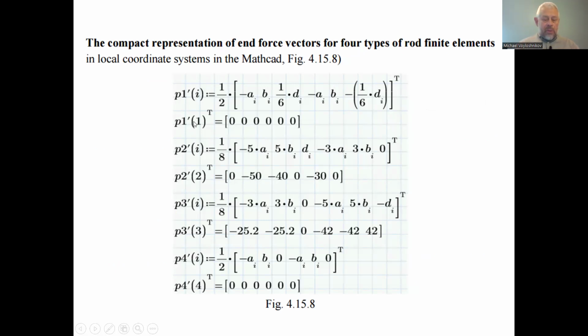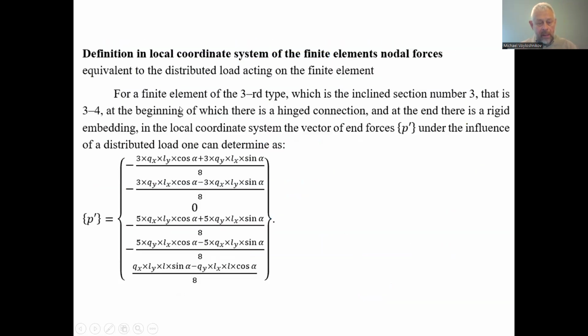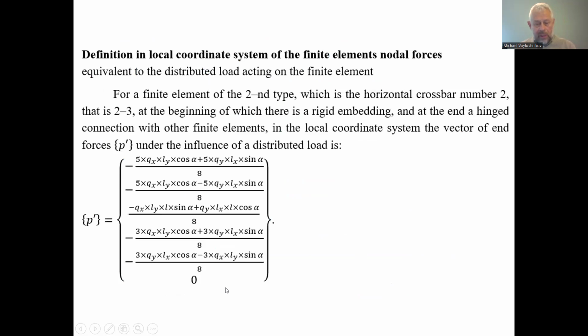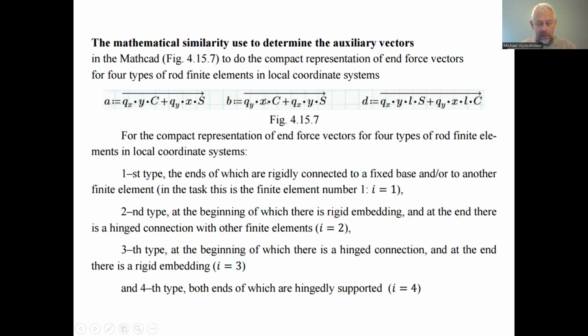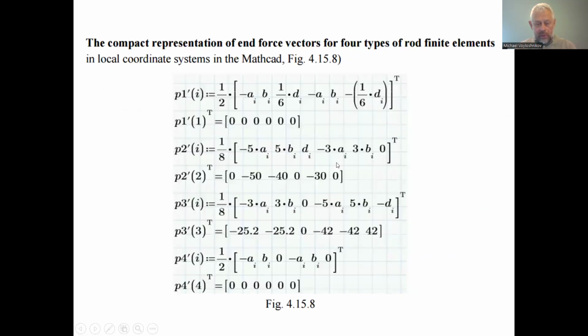So for the finite element of the second type, by the formulas for the second type, we made the specification in the Mathcad computer algebra system, like this one line with A, B, D, etc. Here D is the common allocated part of the formulas, predefined before the definition of the end forces in the local coordinate system with a stroke of the finite elements in the considered statically determinate frame.